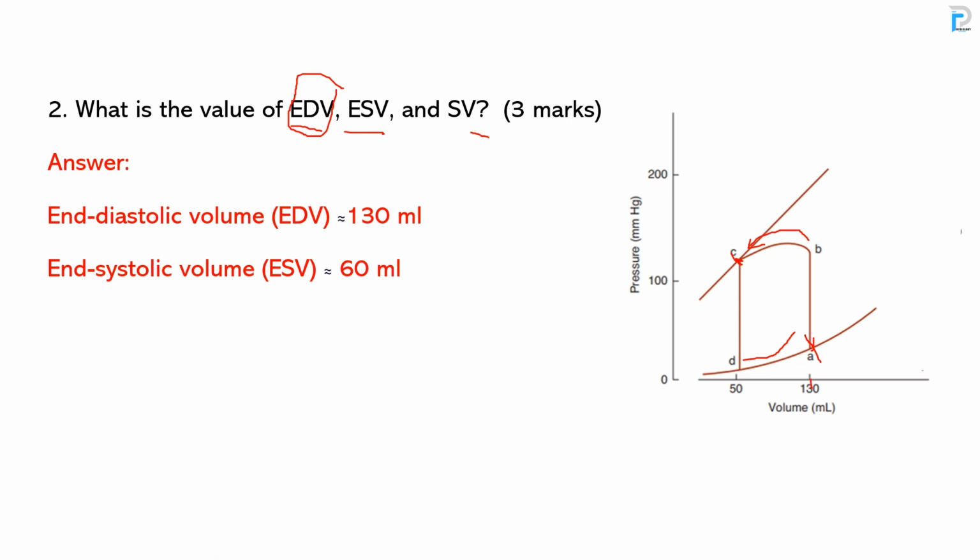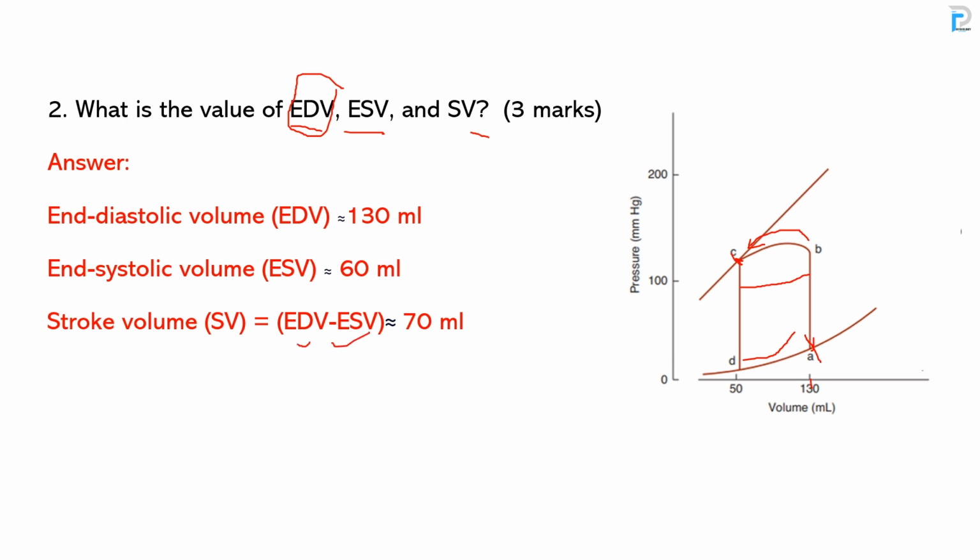So stroke volume. What is the stroke volume? It is the difference between EDV and ESV. The volume of blood that the ventricle pumps out with each beat, we call it stroke volume. This volume is calculated by end diastolic volume minus end systolic volume.